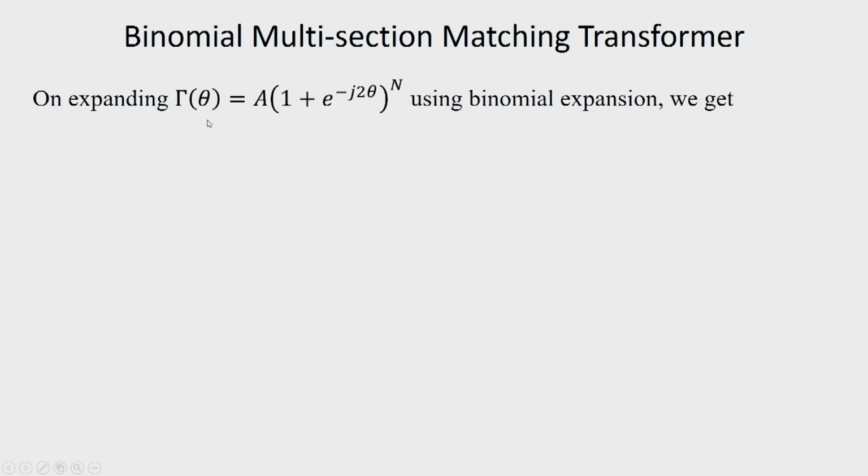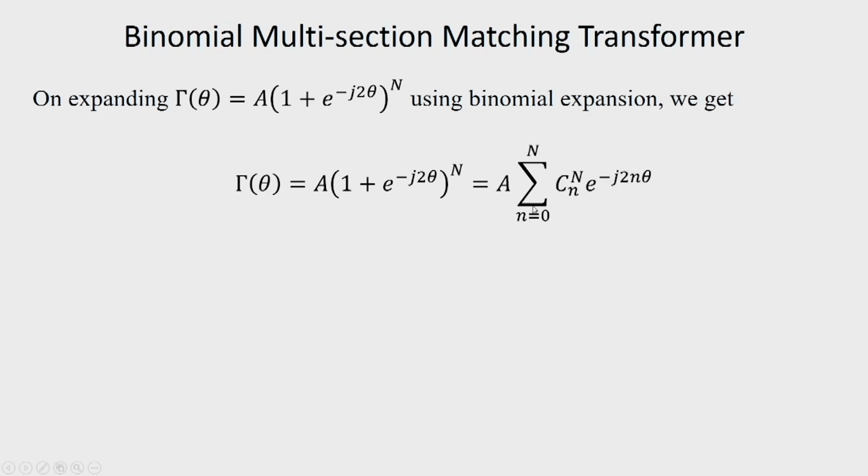Now, we can expand this expression, 1 plus e to the power minus j2 theta raised to the power N, using binomial expansion, and we can write gamma theta is equal to A times the sum of n equal to 0 to capital N of N C n e to the power minus j2n theta, where we are defining N C n as factorial N divided by factorial capital N minus n into factorial small n.